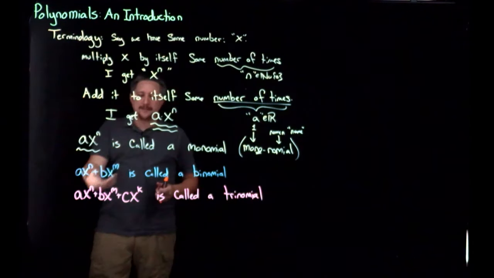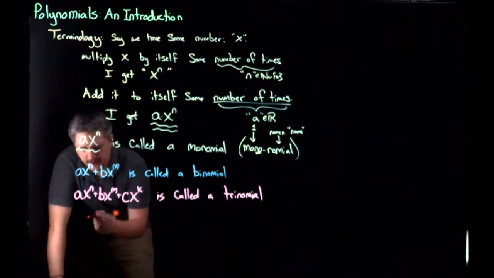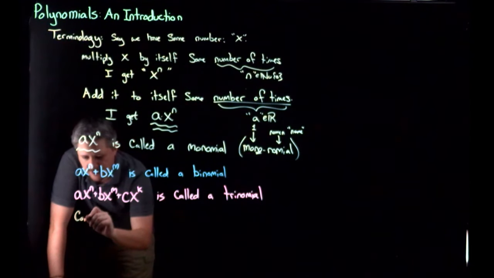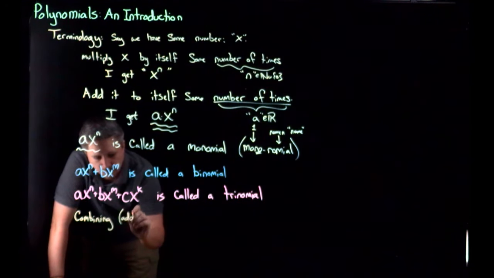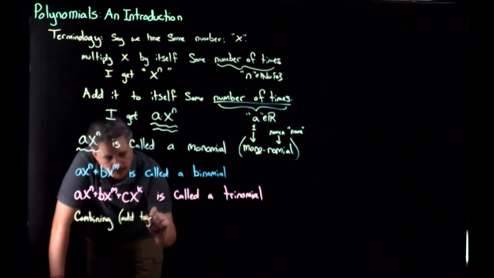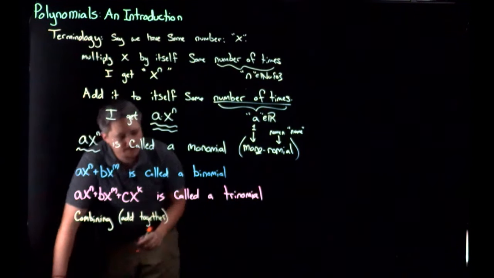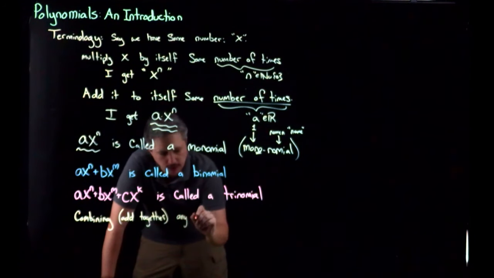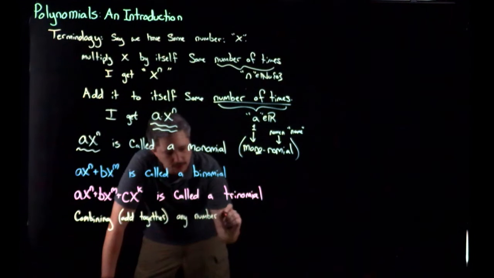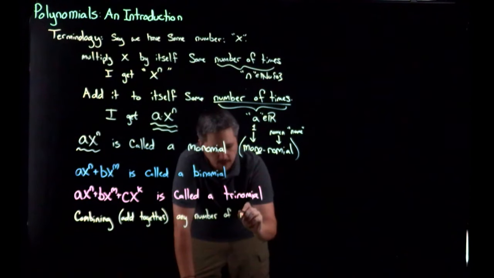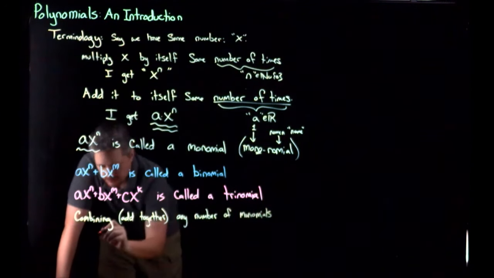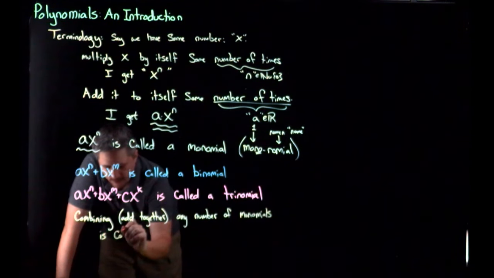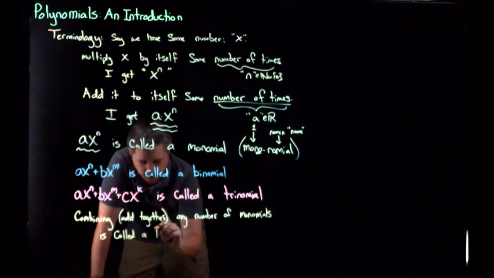So combining, or really what I mean is adding together, any number of monomials, the result is called a polynomial.